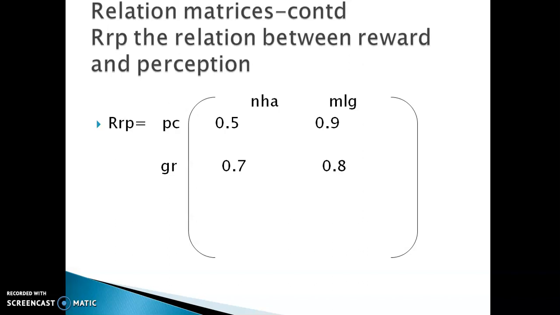Here public compliment has a membership function of 0.5 with reference to nice to have around and 0.9 with reference to makes the boss look good, and good raise will have a membership function 0.7 with reference to nice to have around and 0.8 with reference to makes the boss look good.